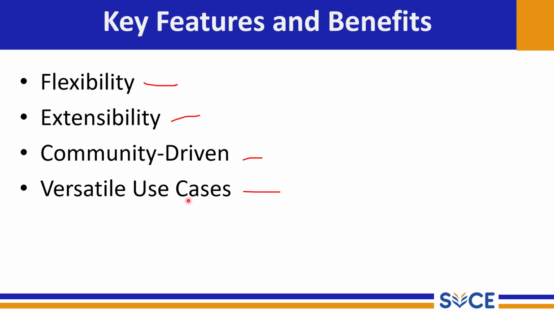Okay, and then community driven. So public YARA rules are shared online, allowing the researchers to leverage the knowledge as well as expertise of the broader security community. And versatile use cases is used for various tasks, including malware analysis, like identifying and understanding the behavior of different malware types, and threat hunting, proactively searching for malware in a network or a system.